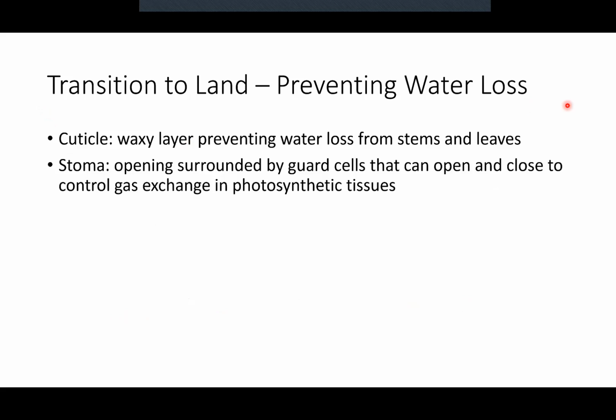One important characteristic in living on land is preventing water loss. So plants have a cuticle, which is a waxy layer preventing water loss from stems and leaves. And then we talked about stoma, which is an opening surrounded by two guard cells that can open and close to control gas exchange in photosynthetic tissues.